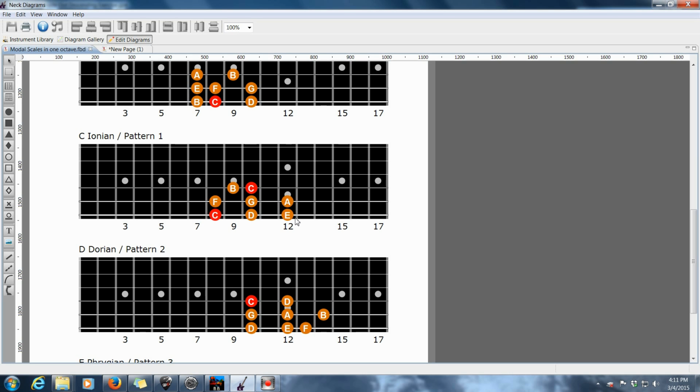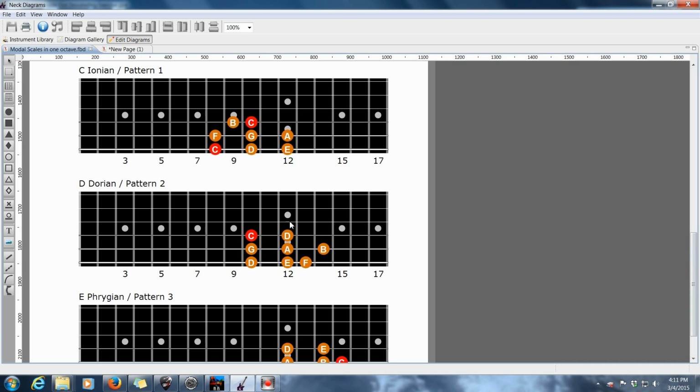And so that's why I give these patterns number names, because it doesn't matter what note we start on or what chord we're playing over, we could agree that, okay, this is going to be called pattern 1, and so forth. So what you might commonly think as the Dorian pattern, that's going to be pattern 2.